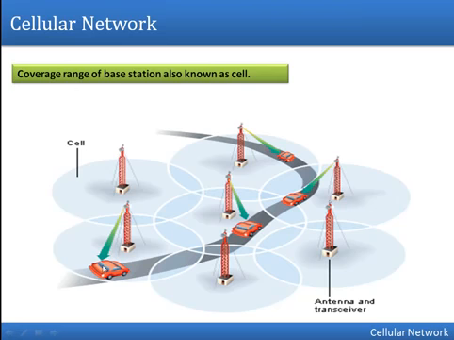So when a user changes location, moving from one cell to another cell, the base station of the other cell has to handle the traffic of this user. This complicates the cellular network a little bit. We will study this under handoff.